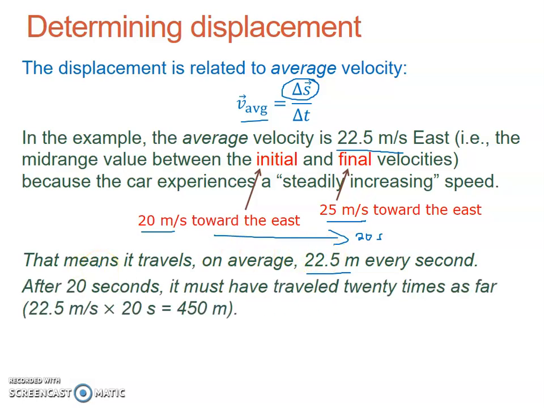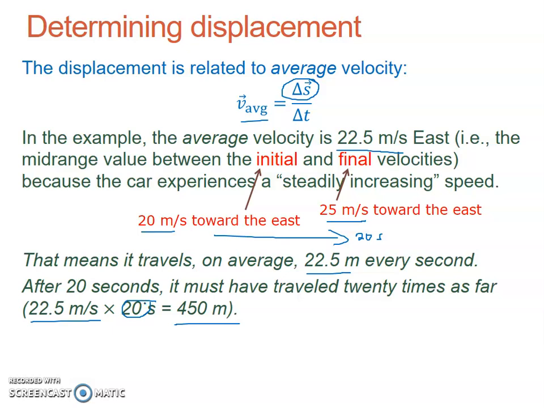So after 20 seconds, it must have traveled 20 times as far as it did in 1 second. We said it travels 22.5 meters every single second. That means after 20 seconds, it's going to travel 20 times 22.5, or 450 meters. Makes sense?